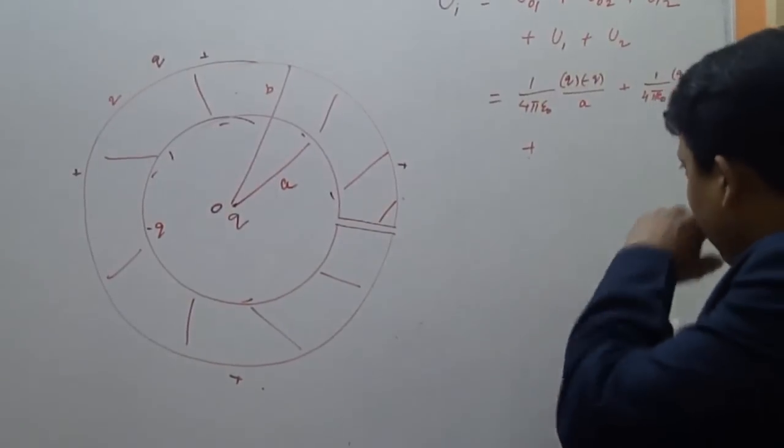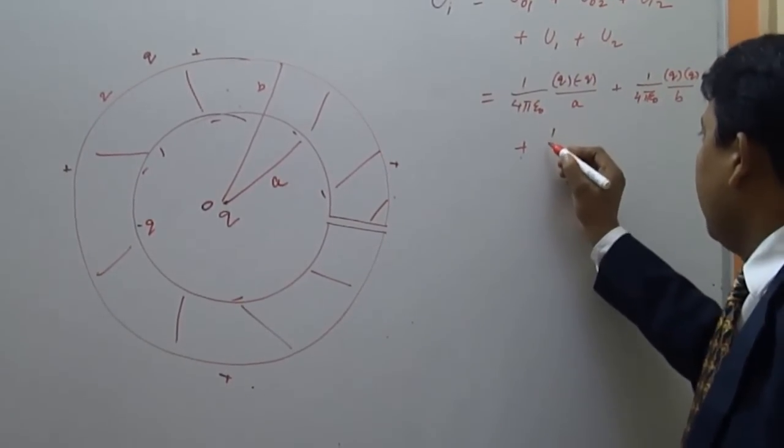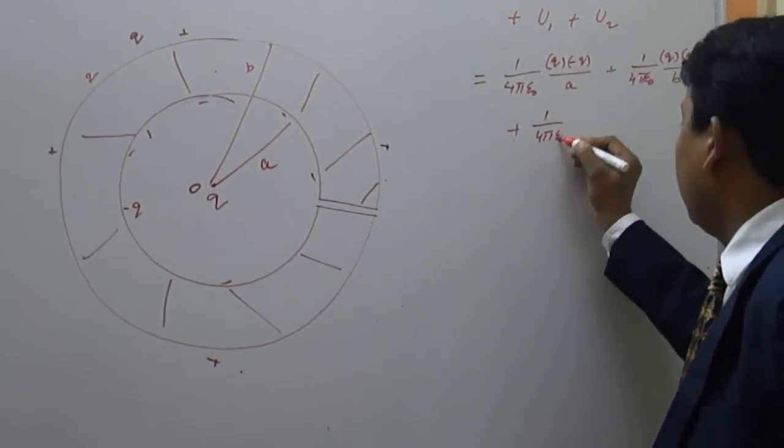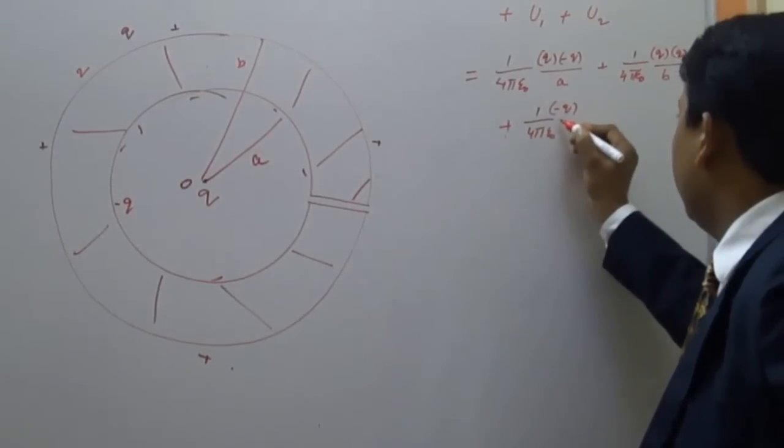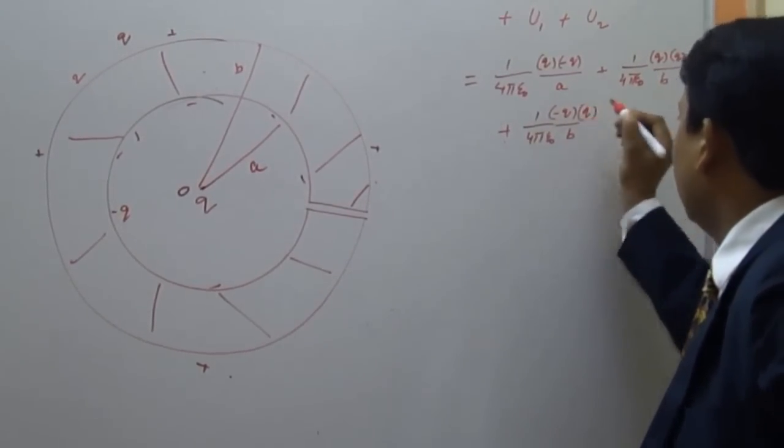So we can say 1 by 4 pi epsilon naught minus Q by B into Q.